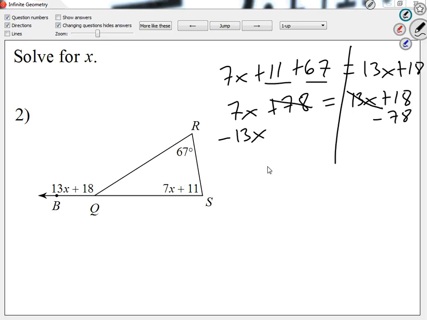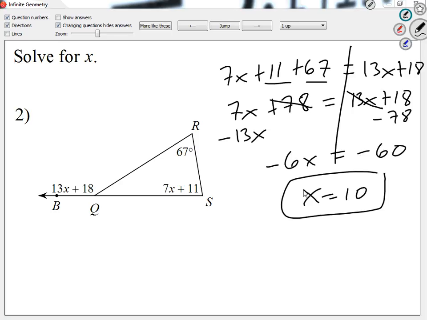Negative 6x, yes? On the right, how much is 18 minus 78? Negative 60. There's negatives, we can deal with it. X equals 10. Not bad, right? Letters one side, numbers on the other. All right, any other questions for the first 8?